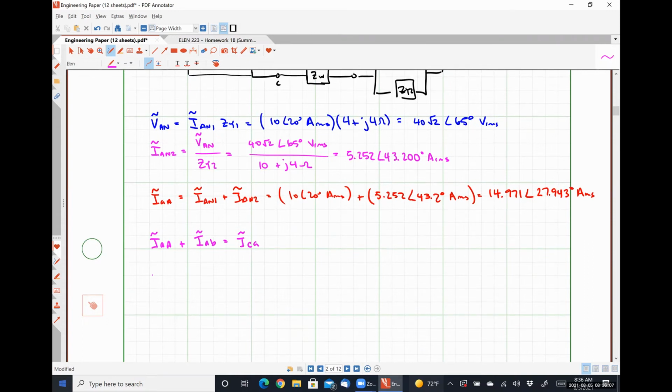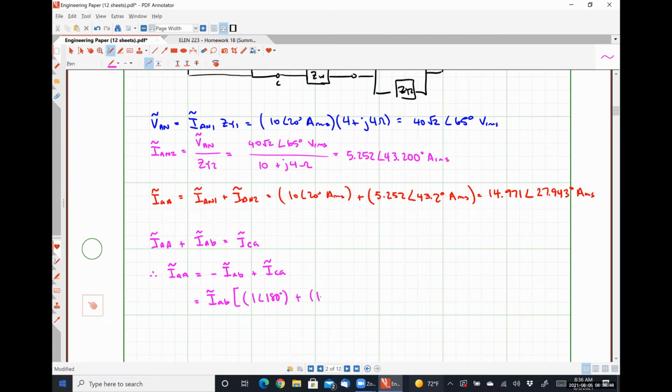which we can rearrange and say that IAA, our known quantity, is negative IAB plus ICA, which looks like IAB multiplied by 1 angle 180 degrees. So that's me taking care of my negative sign.